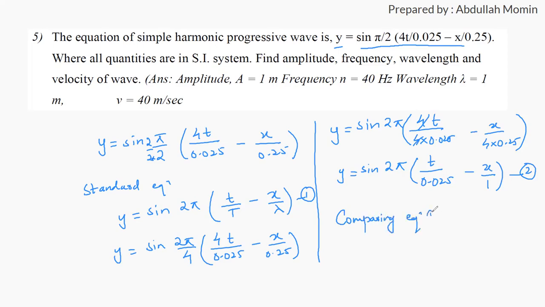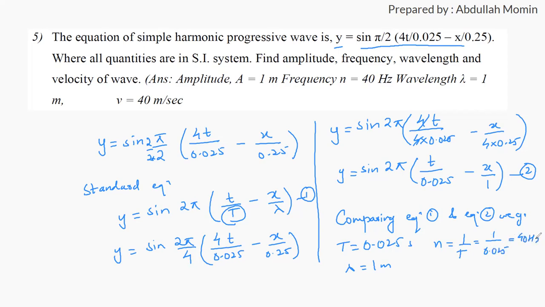Comparing equation 1 and equation 2, we get, instead of T we have 0.025 seconds. So the time period is 0.025 and the reciprocal of time period is frequency. And lambda is equal to 1 meter. So frequency is equal to 1 by T means 1 upon 0.025.